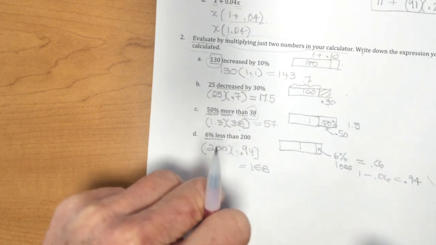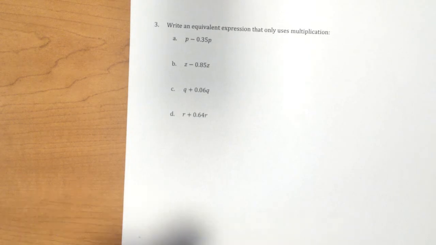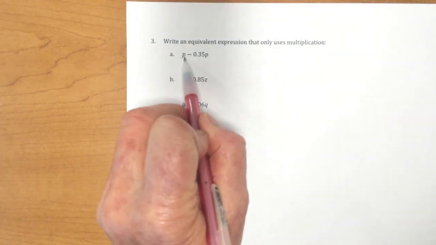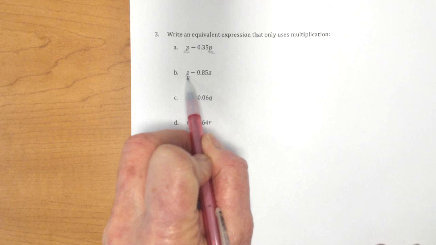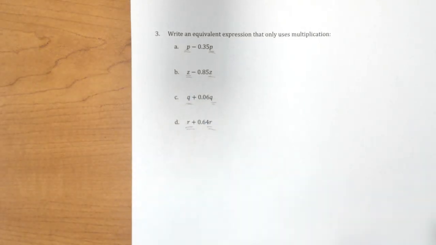All right, we're in the home stretch. We're on the last page. And what do I have on the last page? I've got write an equivalent expression, again, that uses only multiplication. So now I want you to go back and think about factoring out or distributing out the variables that you're seeing here. Okay, so again, go ahead, stop the video or pause it.